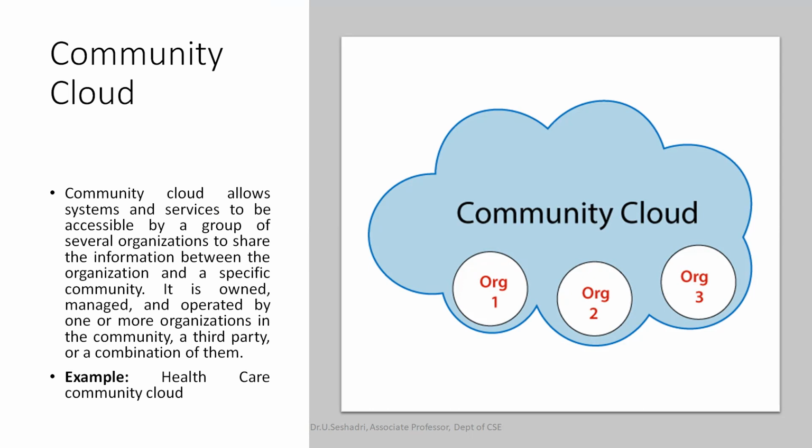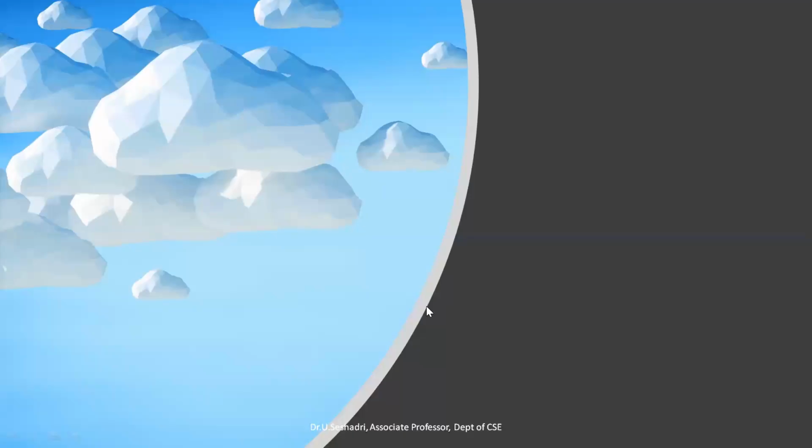For example, there are 10 educational institutions, organization 1, organization 2, organization 3, and so on up to organization 10. Those 10 organizations have common features. So with their features and requirements, they are forming one cloud. That type of cloud is the community cloud. The example is education. The second one is the healthcare community cloud. Those are the examples which I am representing for the community cloud, right?